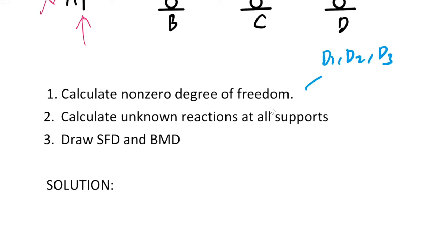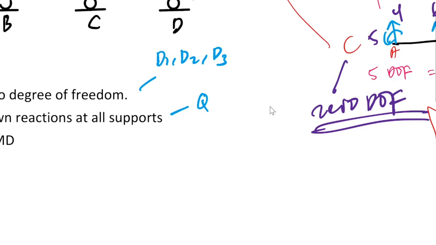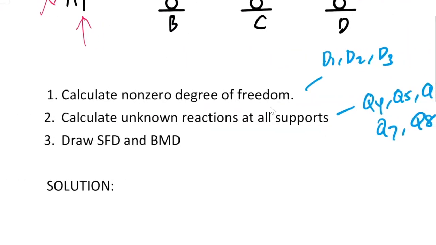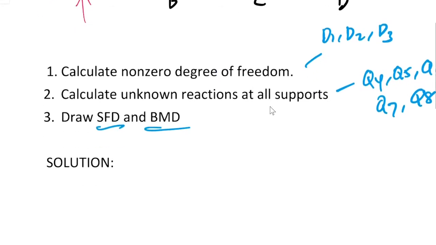Number 2, calculate unknown reactions at all supports, means that we have to calculate Q in the constraint system: Q4, Q5, Q6, Q7 and Q8. Lastly, we need to draw the shear force and bending moment diagram.